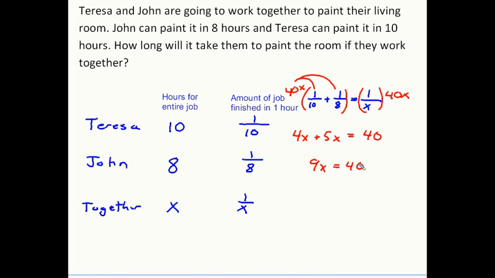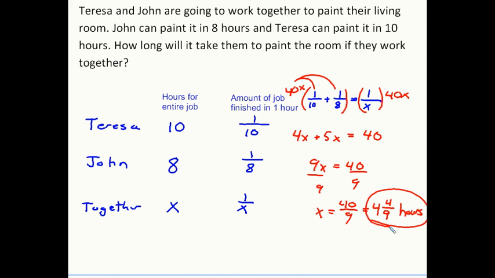Dividing both sides by 9, we get 40/9. In this case, it would be helpful to write it as a mixed number so we see how many hours that would be. So 40/9 is 4 4/9 hours. It would take them that long if they work together to do that job.